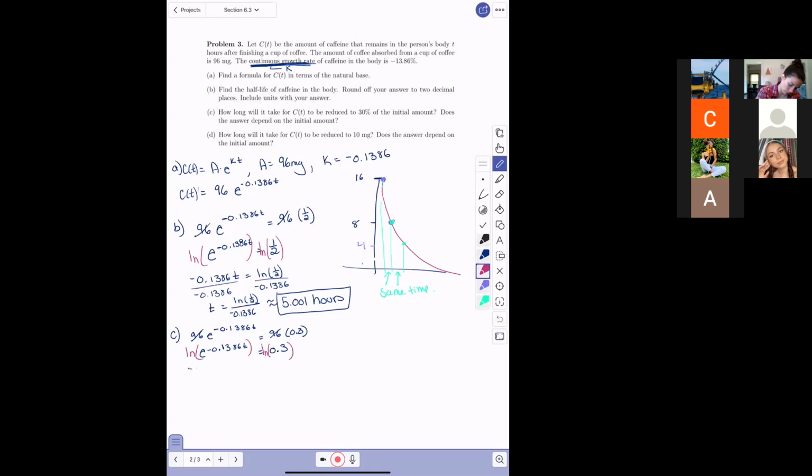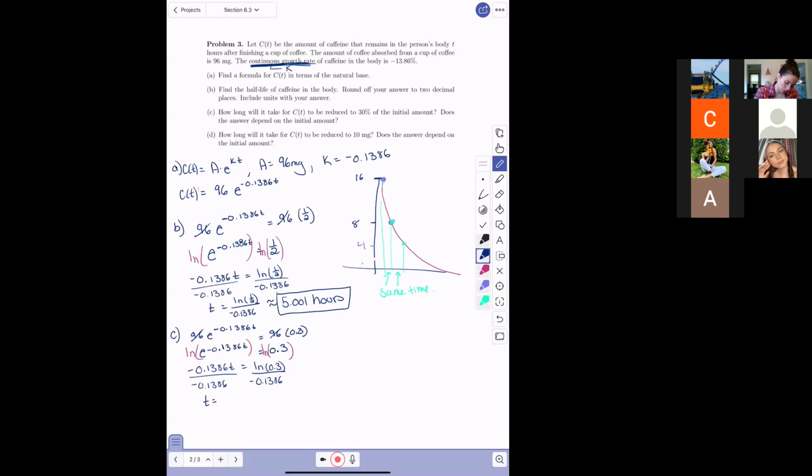And we're left with negative 0.1386t is equal to natural log of 0.3. Now we go ahead and divide by negative 0.1386.